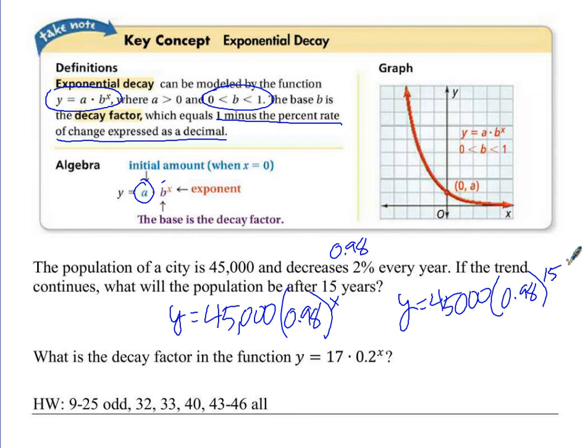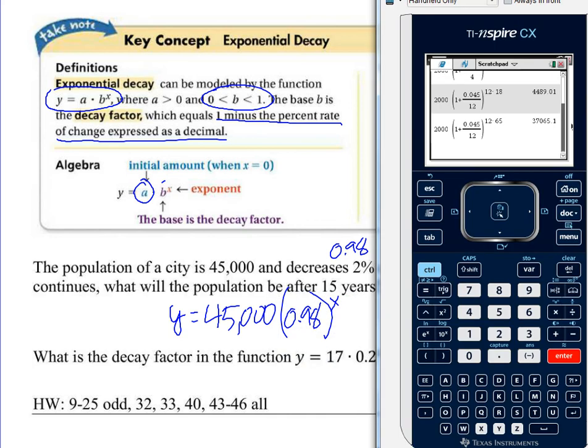And then we just type that into our calculators. So that's 45,000 times 0.98, the exponent button, and then 15. And we press enter. There's only going to be 33,235.6 people.